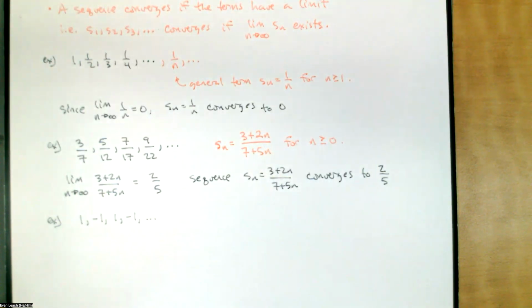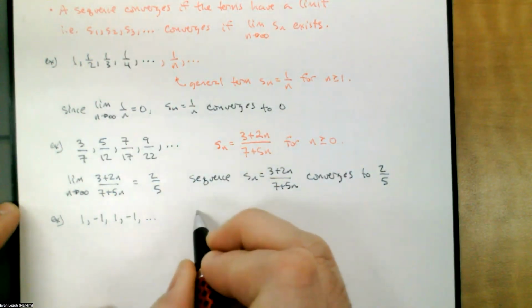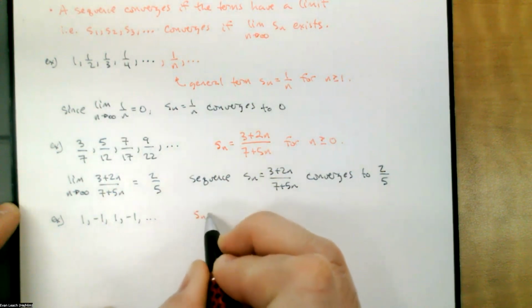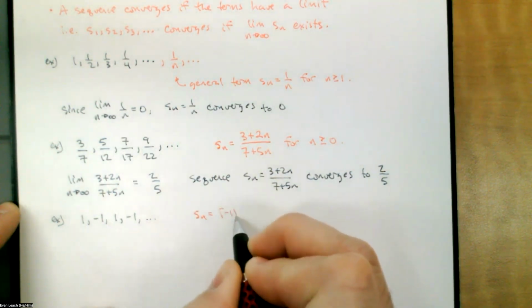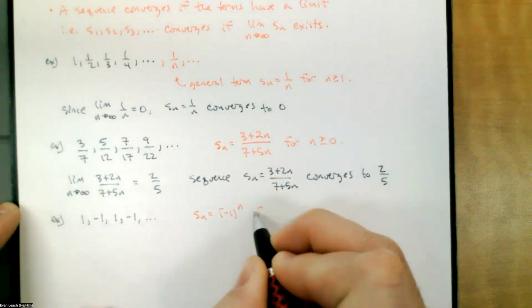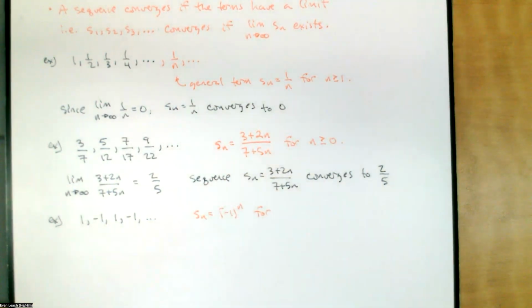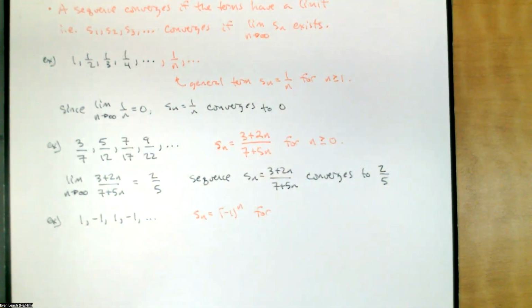Here's a sequence that just alternates between ones and negative ones. If you want to represent alternating, you can use a power of -1. So we could write this as Sn is -1 to the n. We have to decide where we're starting, and we'll start where n is greater than or equal to 0, since we start off positive.